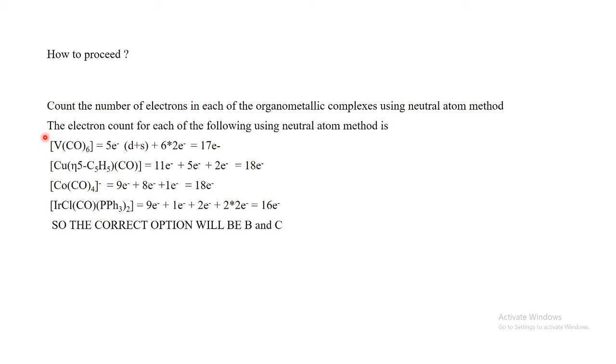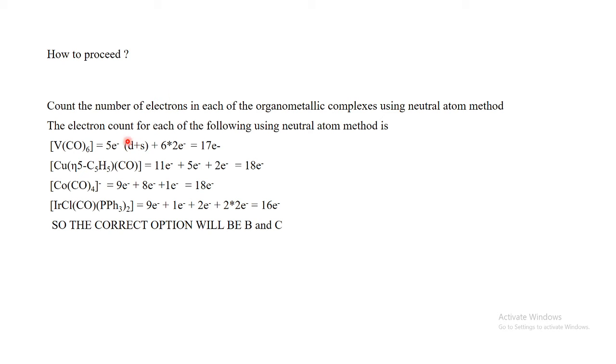In the first organometallic complex we have vanadium, surrounded by 6 carbonyl ligands. In the neutral atom method, first we consider the number of d electrons. Vanadium has 3 d electrons, and along with the d electrons we also consider the s electrons, which are 2 more.